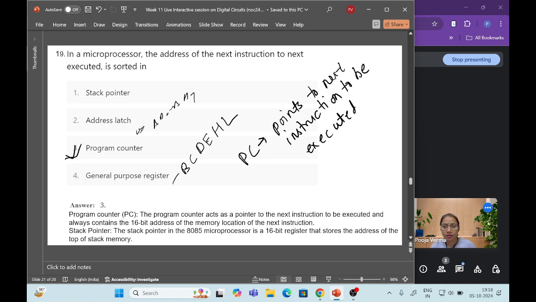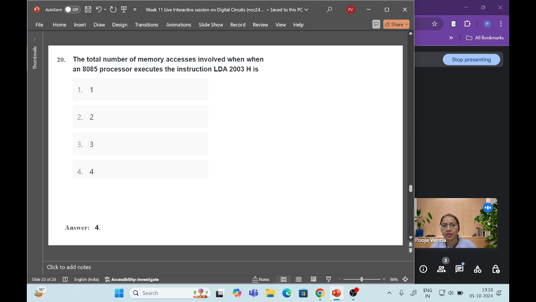Okay, moving to the next question. The total number of memory accesses involved when an 8085 processor executes the instruction LDA 2003H.